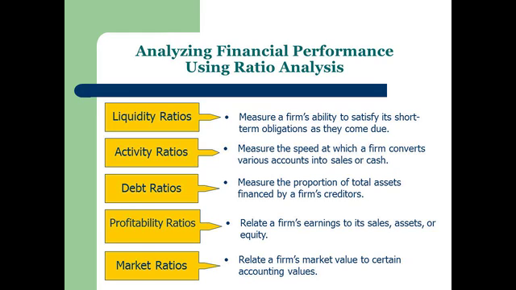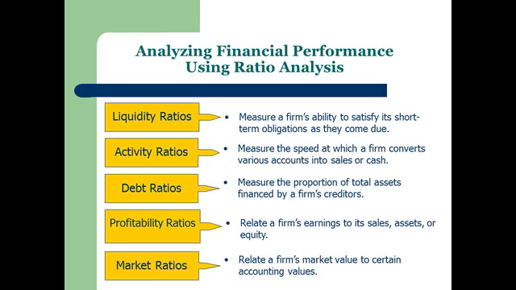Number five is market ratios. Market ratios are normally checked by the account holders and the shareholders, because it is the most common ratio that is used in the stock exchange. If you hold a share of a company and you want to sell it off, you go to the stock exchange.